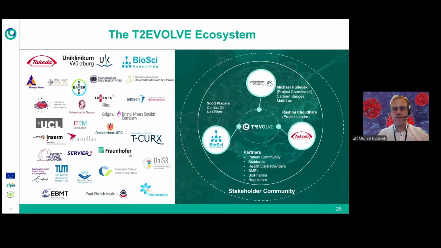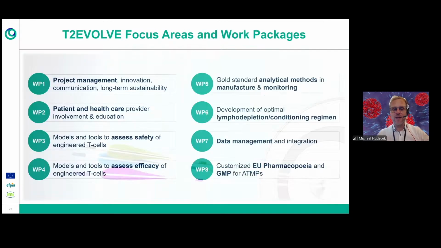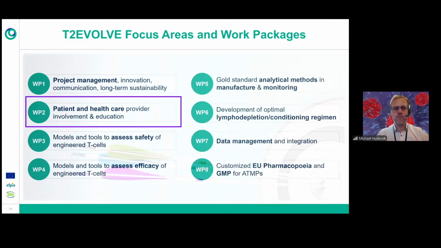And I'll show you two examples and two recent activities from the many aspects in the work program that the consortium has recently delivered. The first is related to patient and healthcare provider involvement and education.